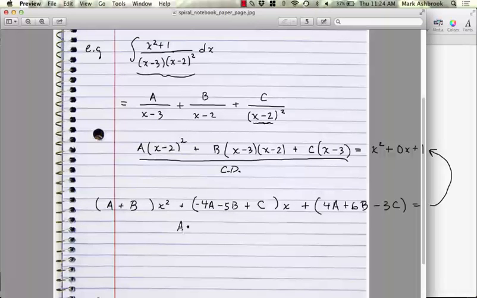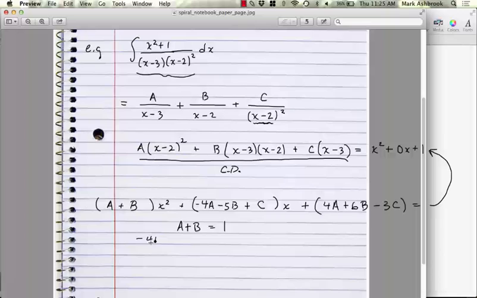Okay, so a plus b equals? No, a plus b is the coefficient of x squared. So what does a plus b have to equal? 1. The coefficient of x squared that we need is 1. Do you see it? What does this have to be?